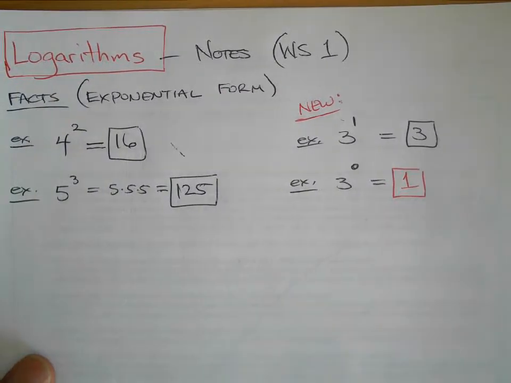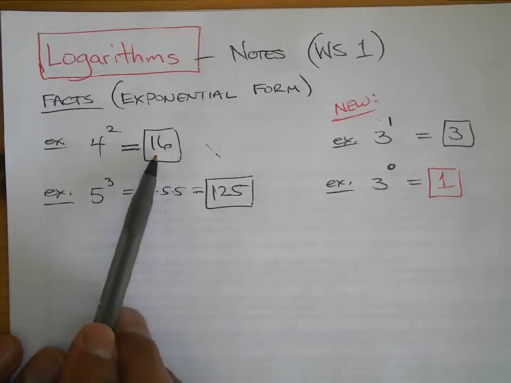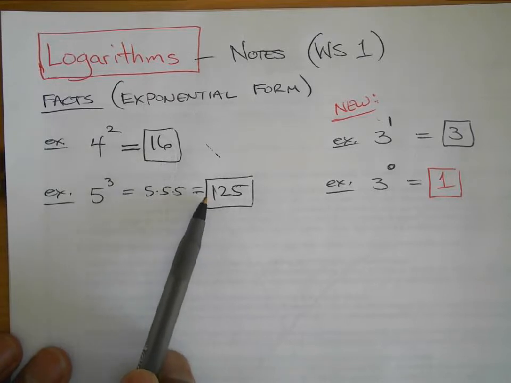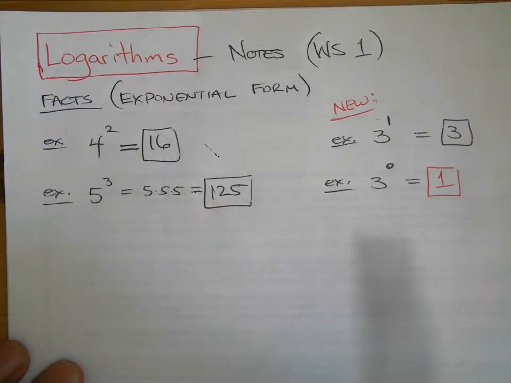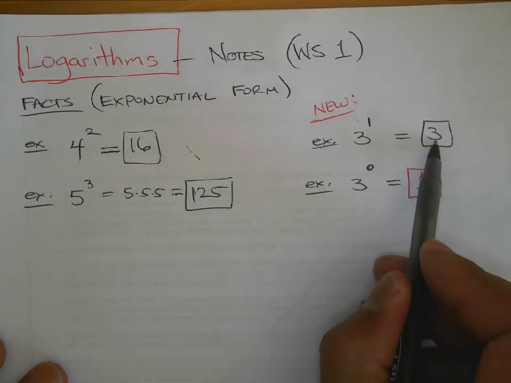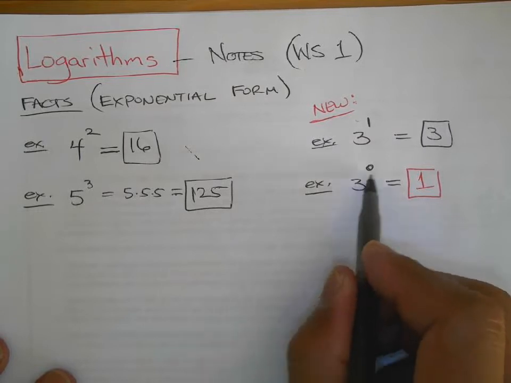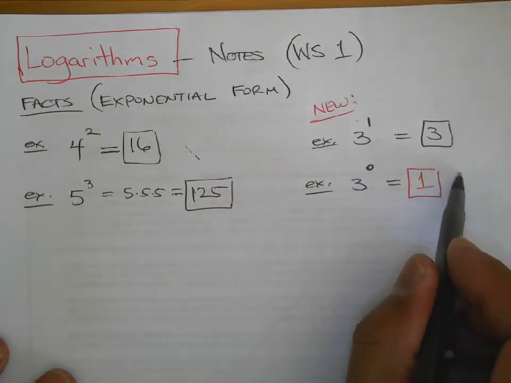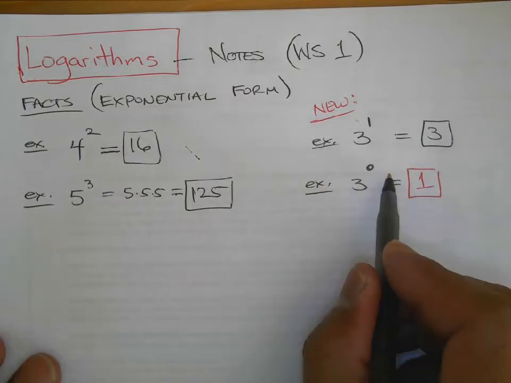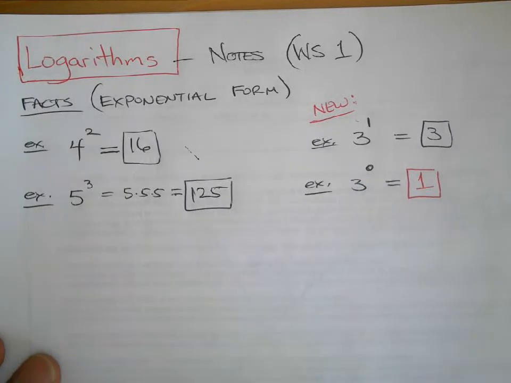Because you could say 1 is everywhere, right? 16 is 1 times 16. 125 is like a 1 times 125. 3 is 1 times 3. But any number to the power of 0, it's like 1 times 3, but there's no 3s, right? There's none. So very important. This one's a little tricky. You don't see it much.